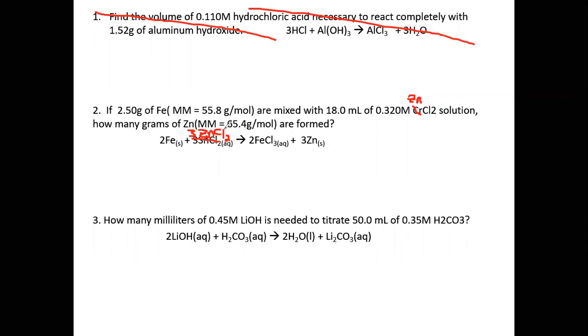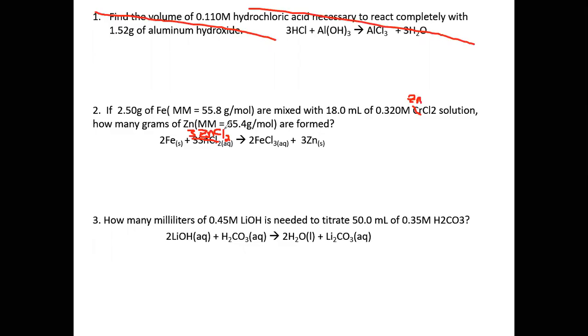So we have 2.5 grams of iron. We mix it with 18 milliliters of a 0.320 molar solution of zinc chloride. How many grams of zinc are formed? We're given information about both reactants, so we have to determine which one is the limiting reactant, and then from there determine the theoretical yield of zinc.